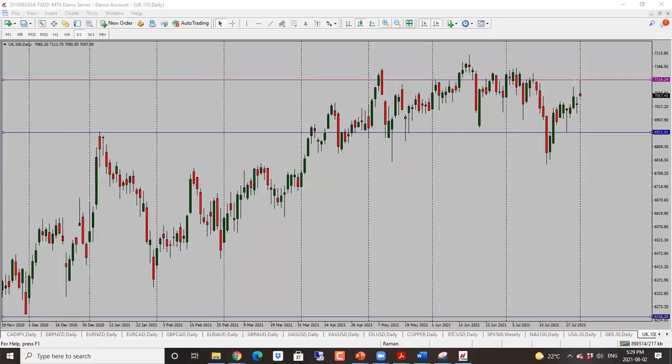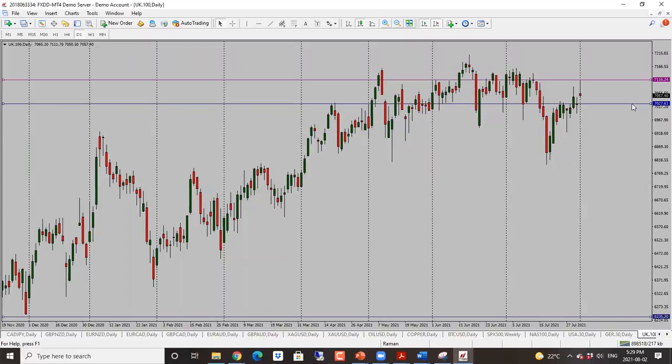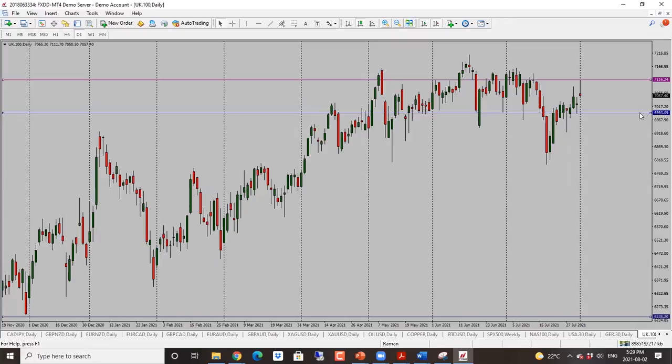As we can see, price has rejected the resistance. We have a nice pin bar. So looking for a drop back down. So bearish bias here. In terms of the target, the first target is 70.30, and then we're looking at 69.90. So bearish bias for FTSE as well.